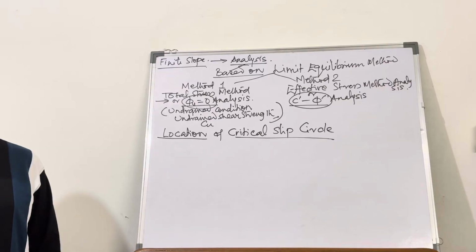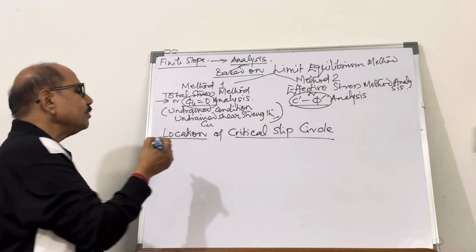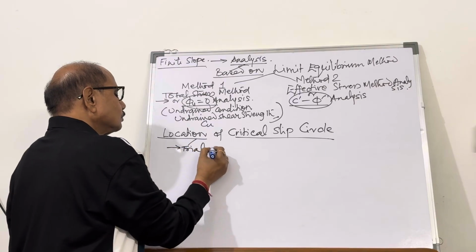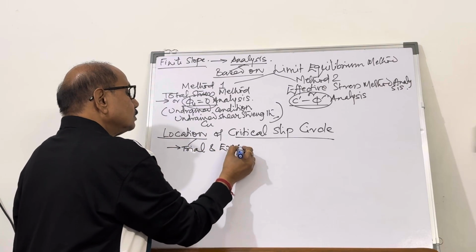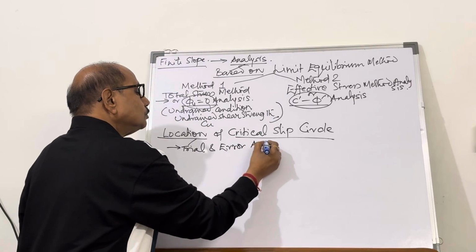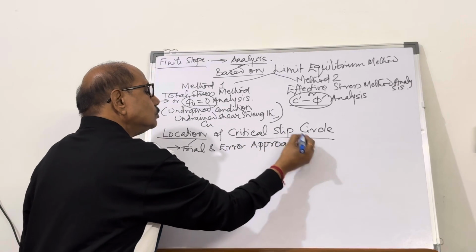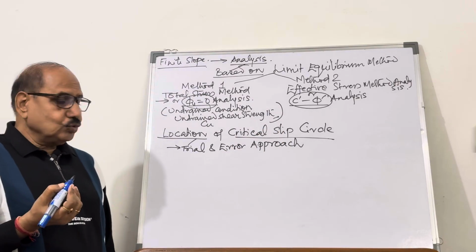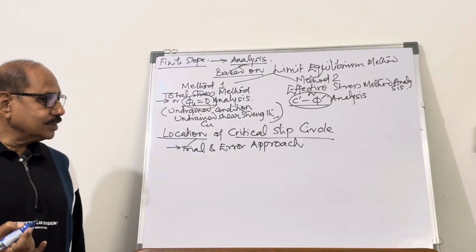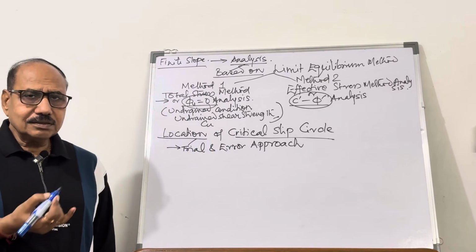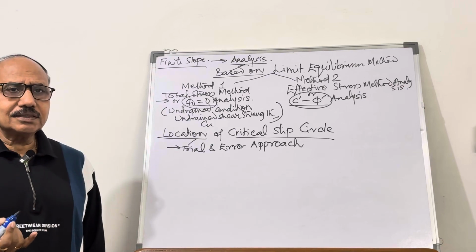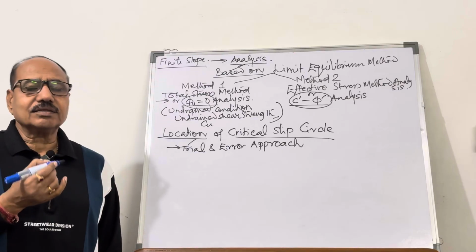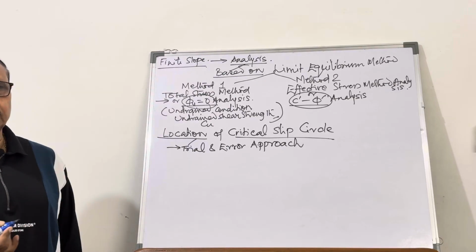So the location of the critical slip circle is a trial and error approach. But if you have certain clues, this trial and error can be minimized. Otherwise, the number of trials and errors needed to find the critical slip circle, which gives you the lowest, the minimum factor of safety, will be large.